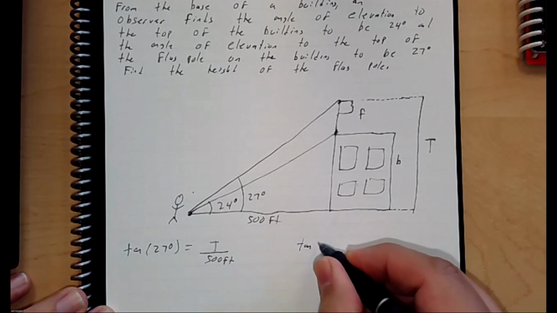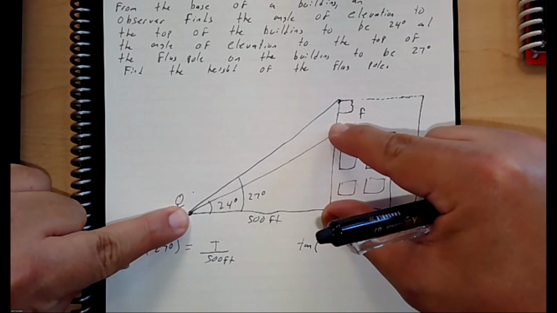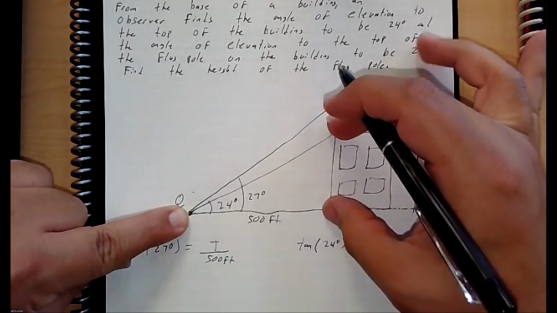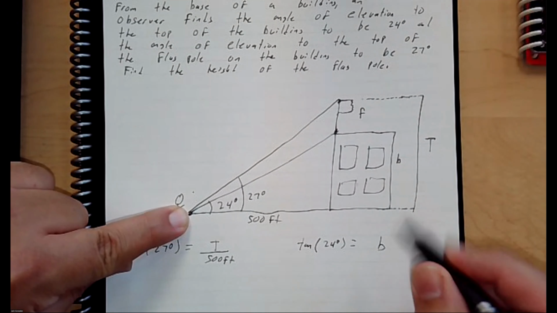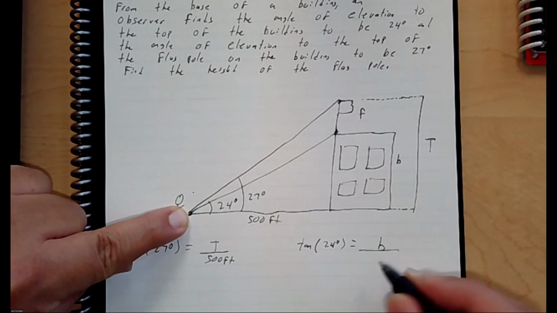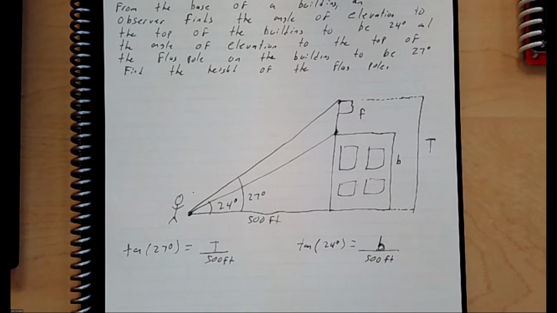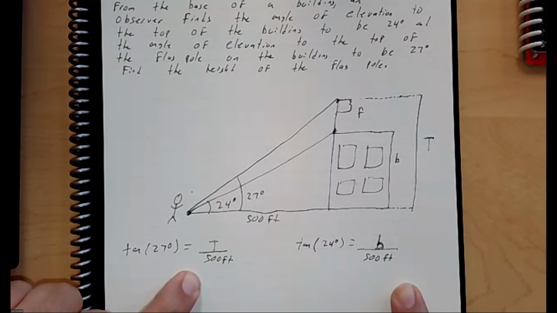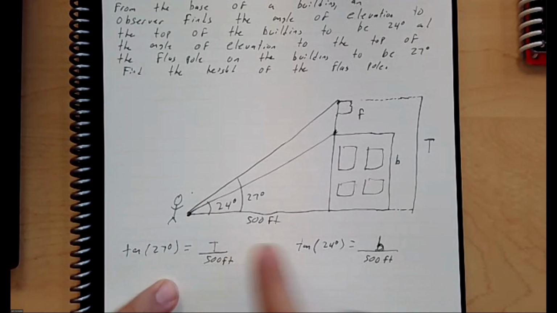So if I use another tangent and use the smaller triangle right here, 24, that can be equal to this height, which is what I call B, over this adjacent side. Do you see where this came from? Is that okay? So once you have these, you'll just subtract them. But first solve for T and B, of course.